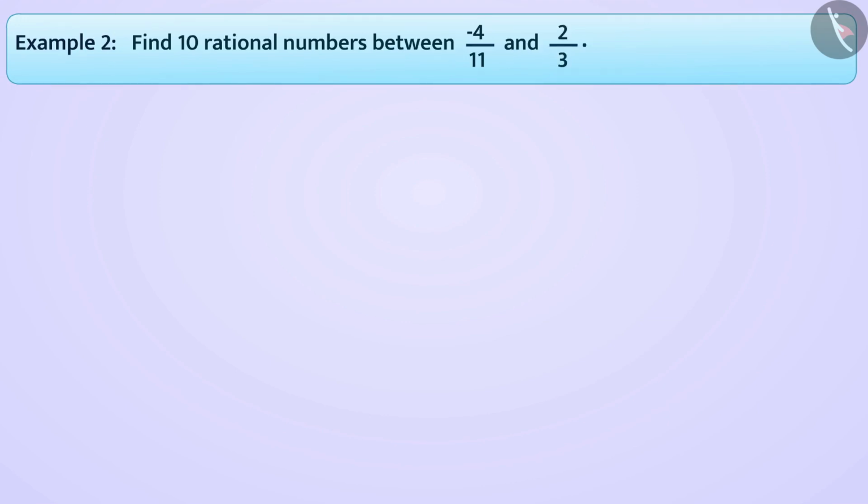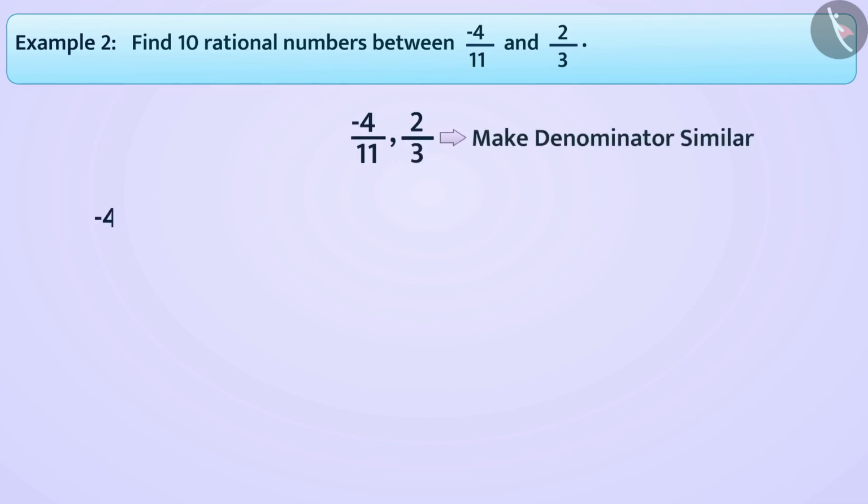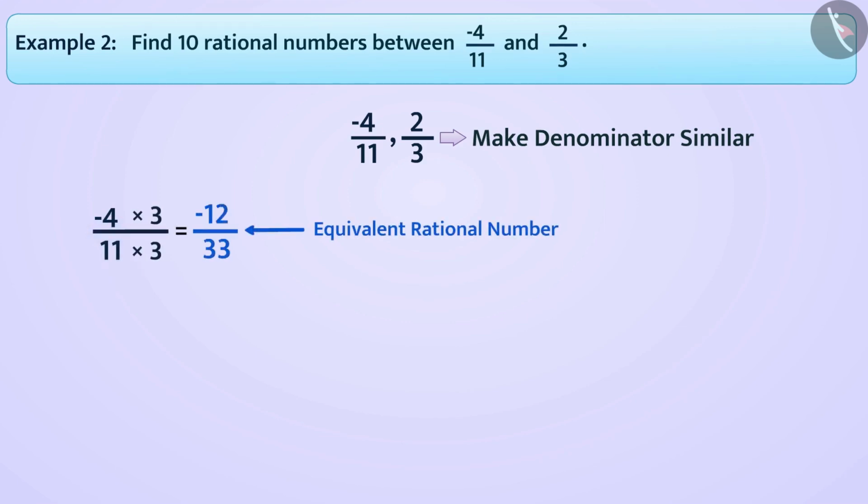We will make the denominators of -4 by 11 and 2 by 3 the same. For this, we will multiply numerator and denominator of -4 by 11 by 3 to get its equivalent rational number -12 by 33. In this way, the equivalent rational number of 2 by 3 is 22 by 33.